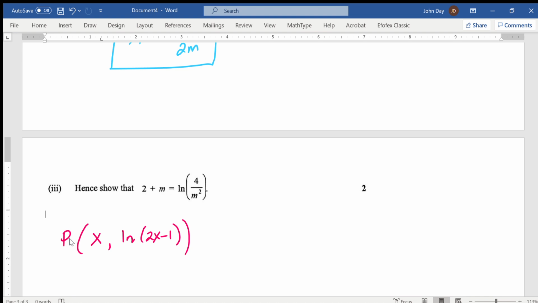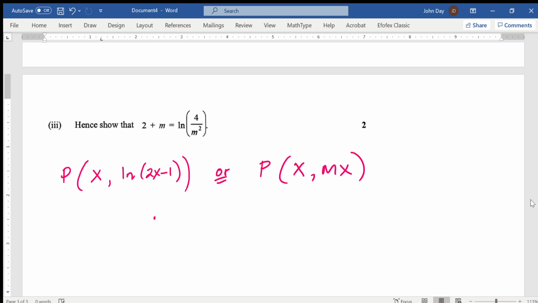And P is also x and mx, right? So therefore, mx is equal to the natural log of 2x minus 1. It's only happening at that particular point. So I could give those coordinates in those two different ways.